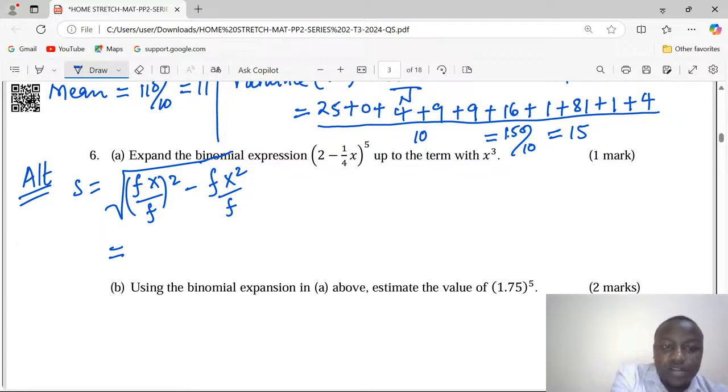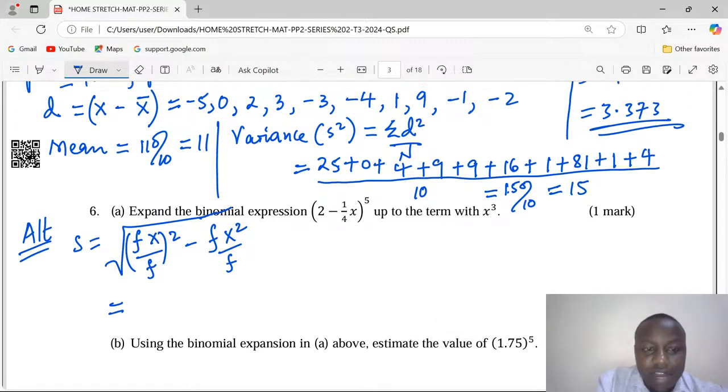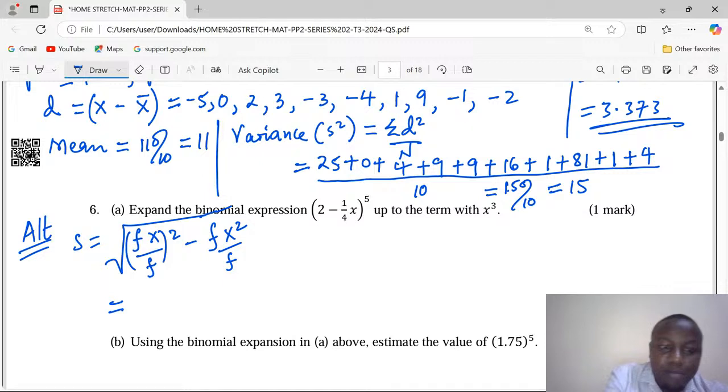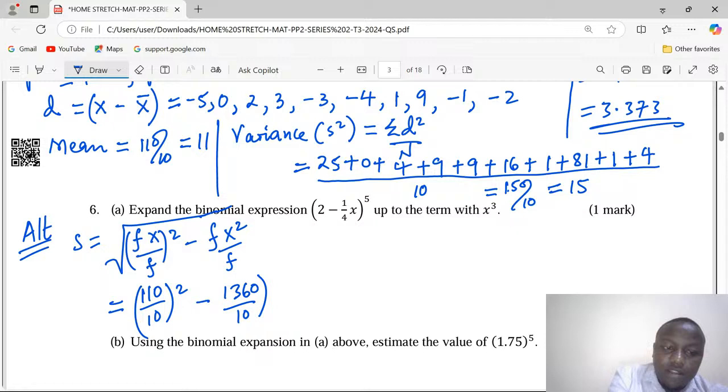This means we need f of x squared, that is the mean now. So 110 over 10 squared, then we subtract. What we are having here is 1360. Remember, we had already been given that over 10. Then now we can take square root.